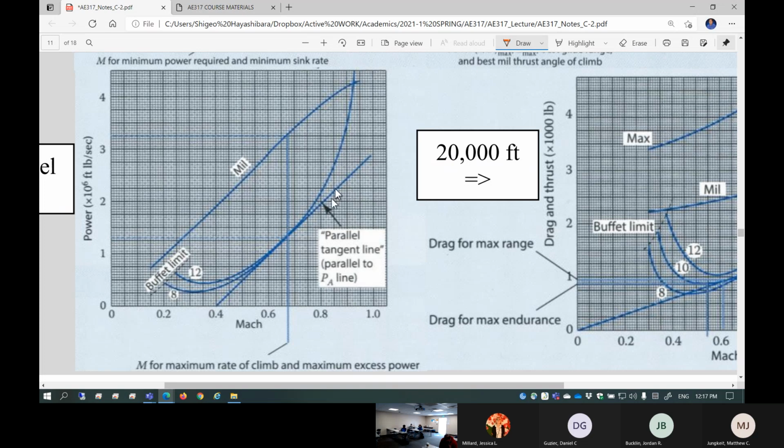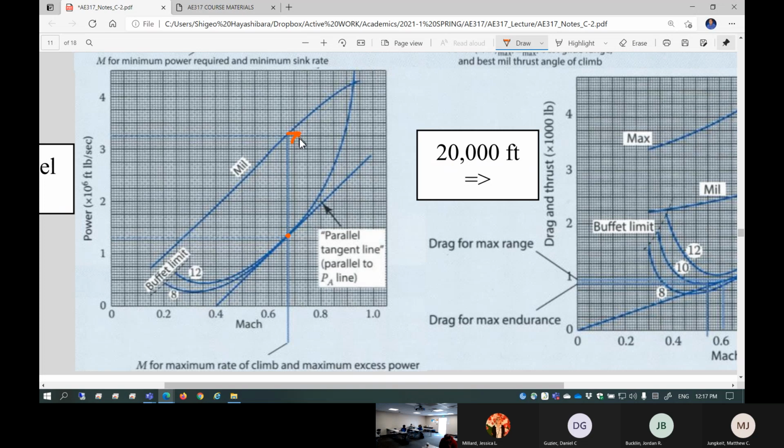and this is power required. So in order to find the maximum excess power, you are going to draw a straight line parallel to the power available line. This is almost straight. It's not quite, but it's almost straight. That straight line is shifted and touching the power required curve right here.